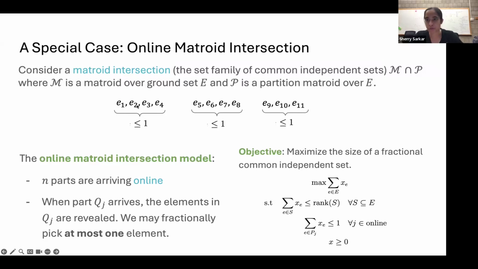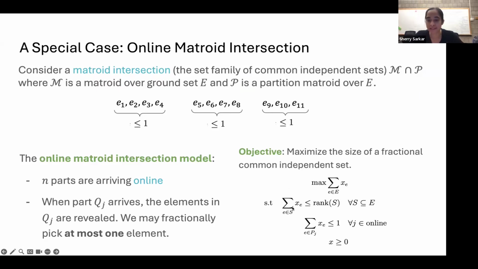When a part arrives, we can choose at most one element from the part. This is like the partition matroid of the matroid intersection. And we want to pick elements such that we're forming an independent set. And right now, for fractional online matroid intersection, it just means that we want to maximize the size of our fractional common independent set, which is described precisely by this linear program.